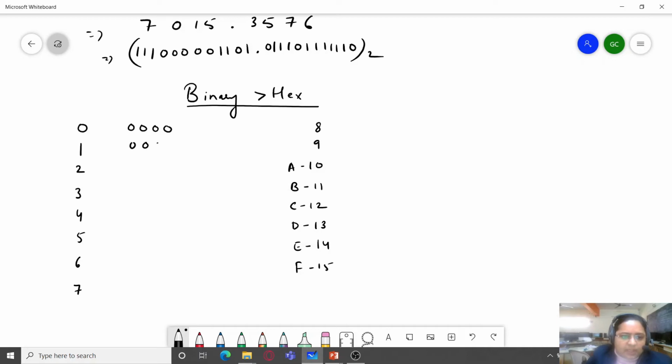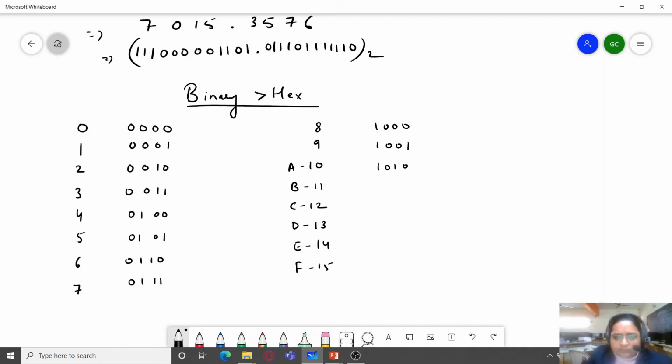So we will be representing all the digits in the form of 4 bits only. So you can see how it is represented now.